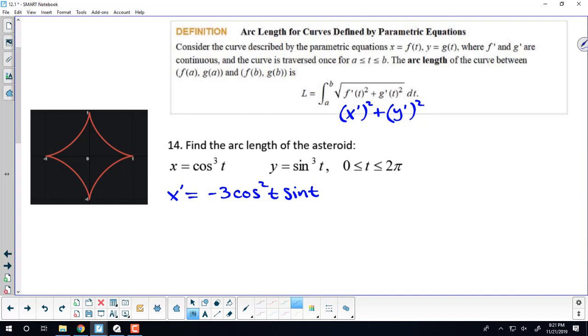And then we have to square this, so that we have 9 cosine to the 4th t sine squared t. And do the same thing with our y.